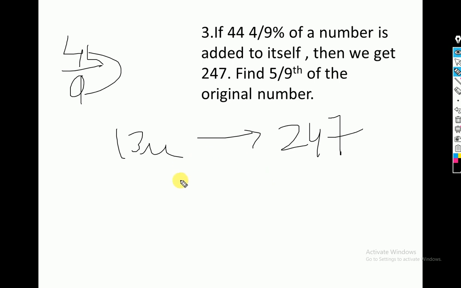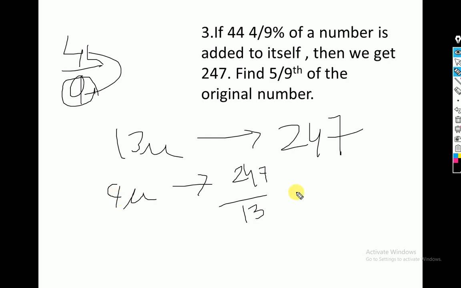Right, and then it says find 5/9 of the number. So 1 unit equals 247 by 13, and the original number is 9 units. Then it asks 5/9 of the original number, so you just multiply it by 5/9. You cancel 9, right?